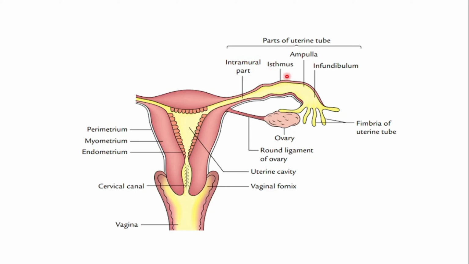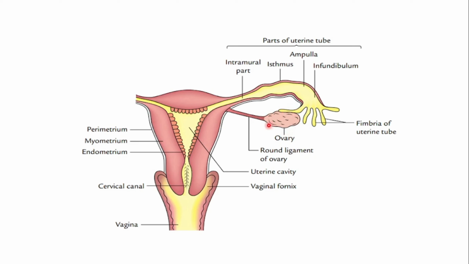It has the isthmus. It has the ampulla where fertilization occurs. It has the infundibulum, and then the fimbria of the uterine tubes, some of which are in contact with the primary reproductive organ in the female, that's the ovary, specifically during the time of ovulation.